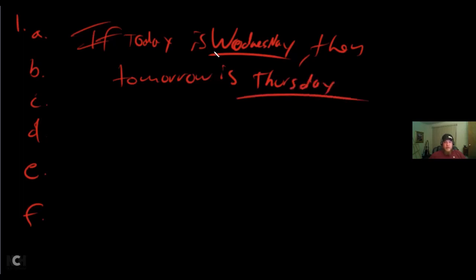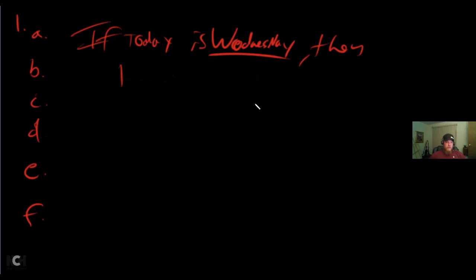And I said something like that would be W arrow T. Okay? If today's Wednesday, then tomorrow's Thursday. What we're going to do is some stuff out of the book and see if we can translate it. Not just if, I'm confident that we can.